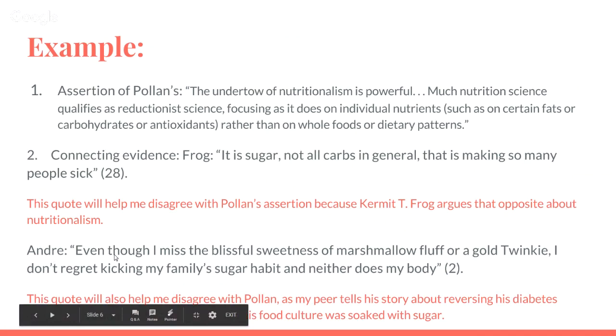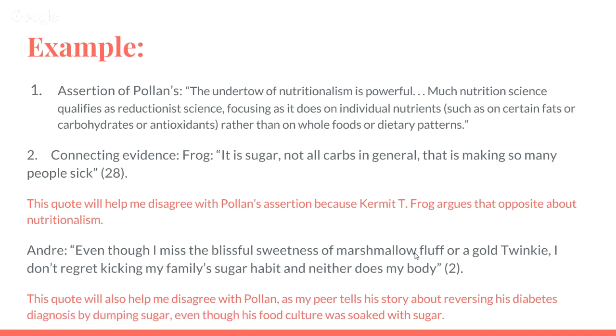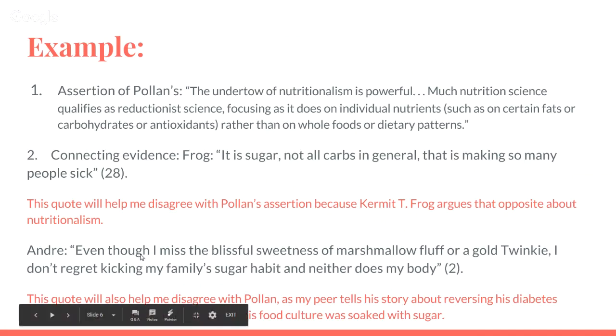And then I made up a student, Andre. "Even though I miss the blissful sweetness of marshmallow fluff or a gold Twinkie, I don't regret kicking my family sugar habit, and neither does my body." So this quote also helps me disagree with Pollan.